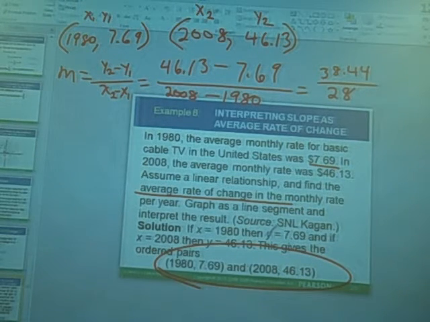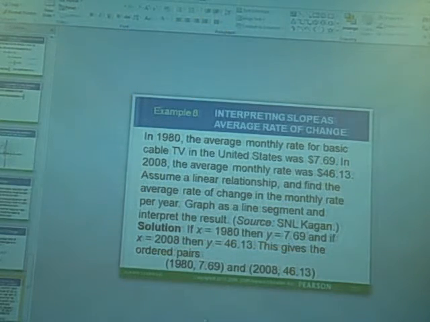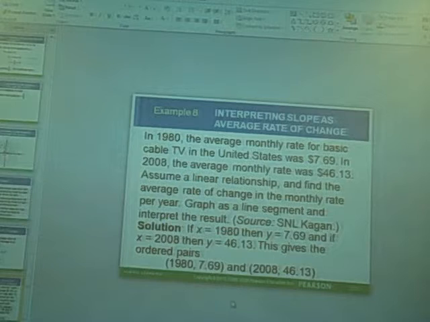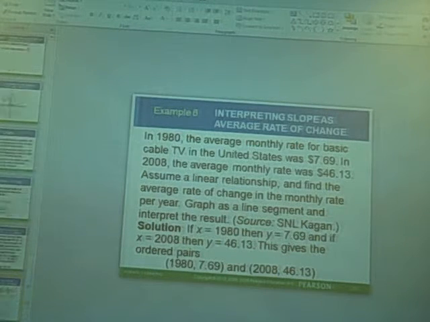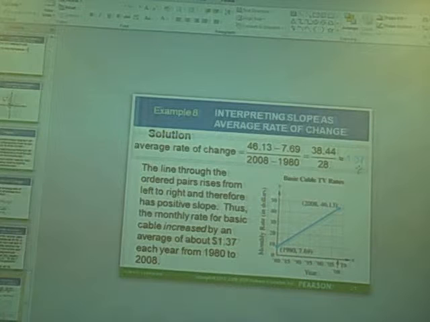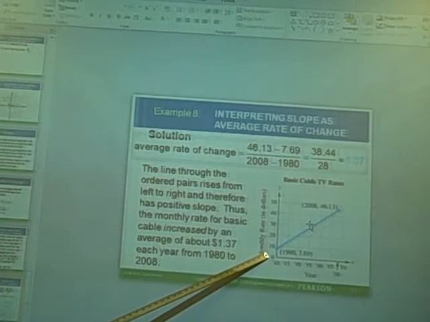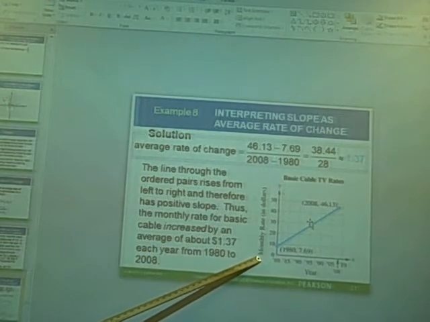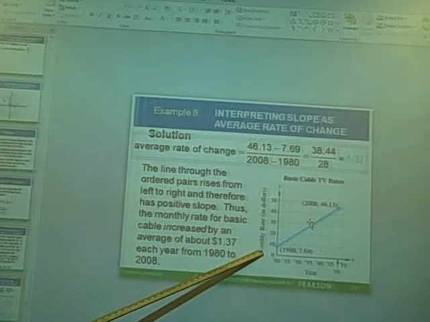Assuming linear, monthly basic rate, I'm looking to see if they want this rounded off. They rounded to the nearest hundredth: 1.37. So if you look graphically, here's your monthly rate in dollars.